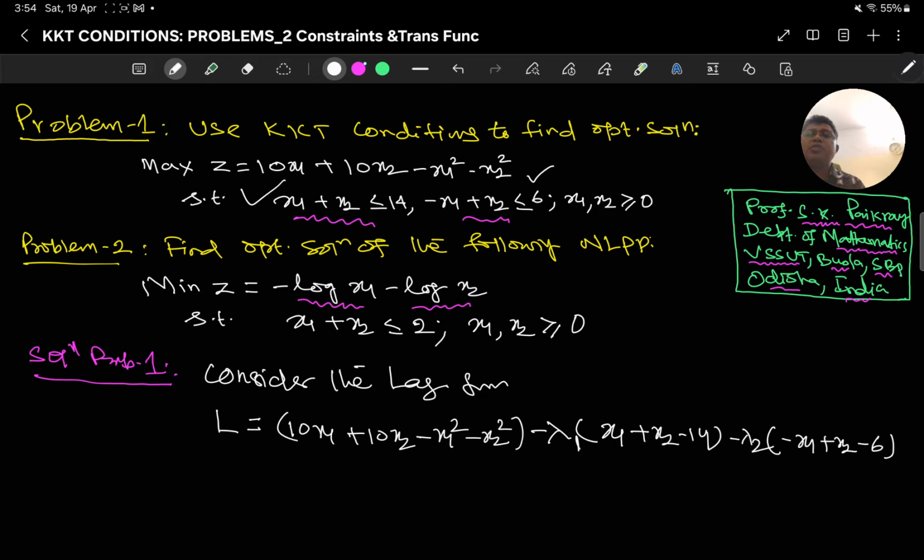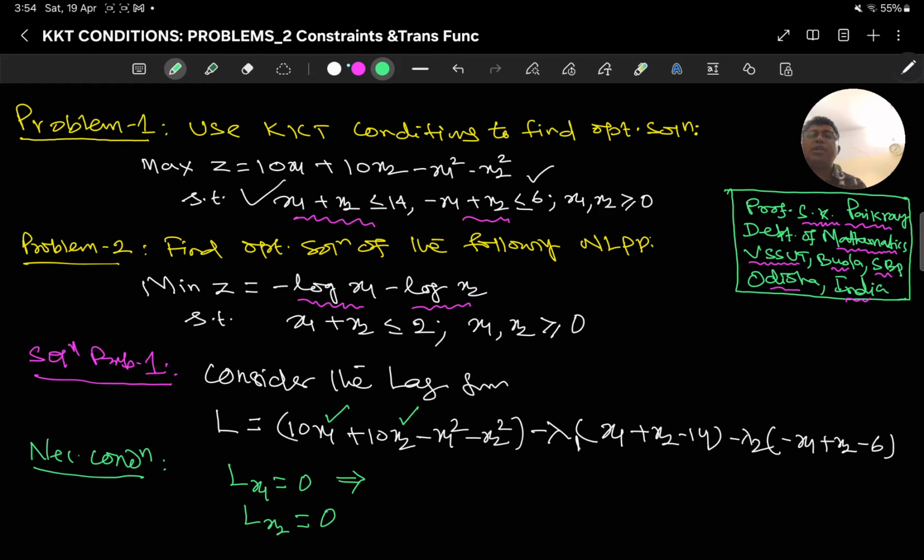Coming to the necessary conditions. You have two decision variables. First, Lx1 is equal to 0, then Lx2 is equal to 0. What is Lx1? We differentiate with respect to x1.